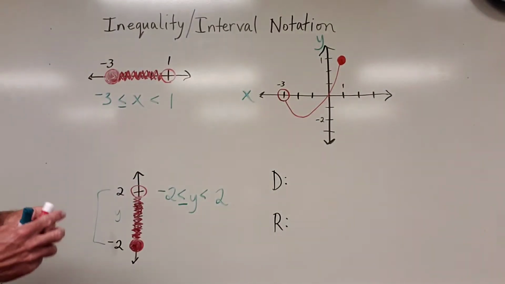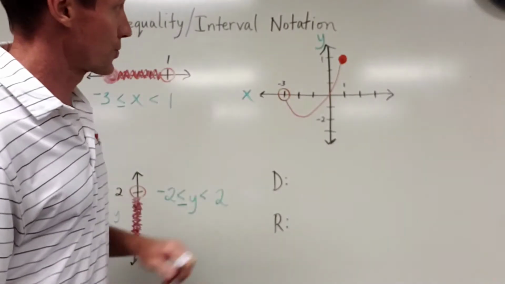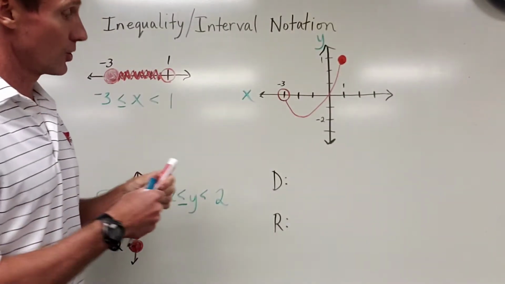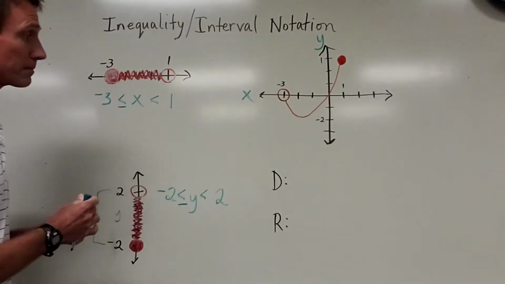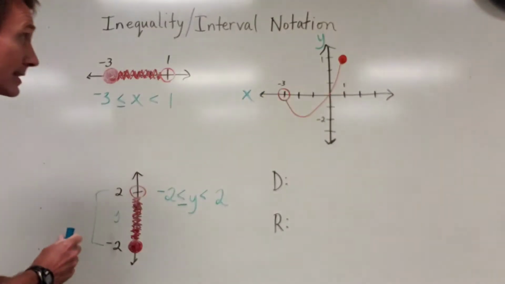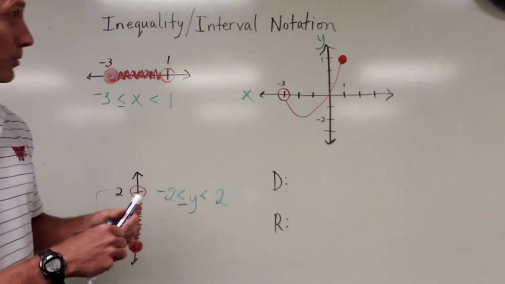Now let's combine those and look at a true graph with an x and y axis on here. So first of all, domain again is our x values. So let's go with purple here.